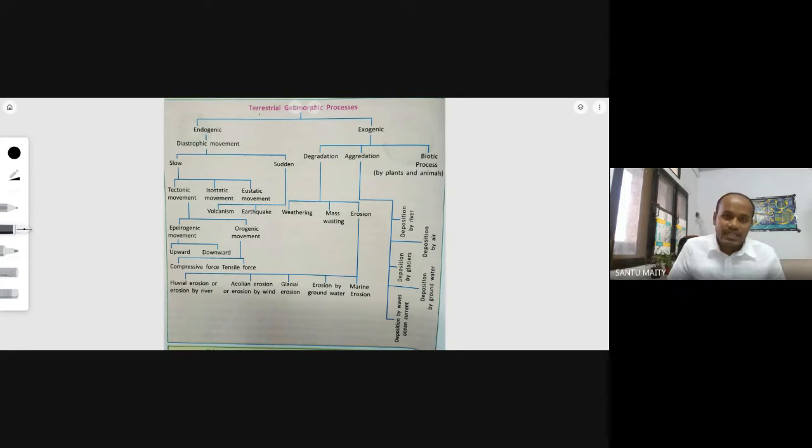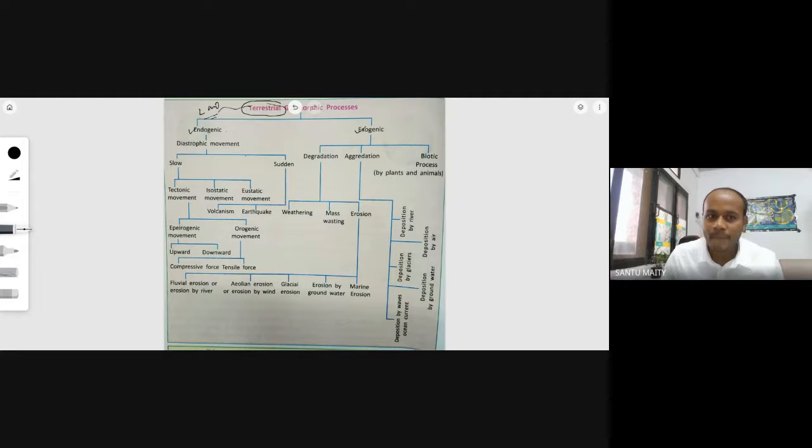Terrestrial means the geomorphic process which is functioning over the territory or land surface, or the whole earth surface, whether it is land or water, it doesn't matter, but the whole thing is categorized as terrestrial. Within terrestrial, land is most important, the land surface. This terrestrial geomorphic process can be categorized into two: endogenetic and exogenetic.